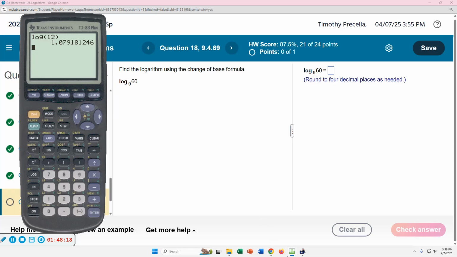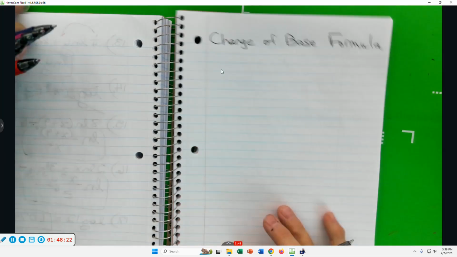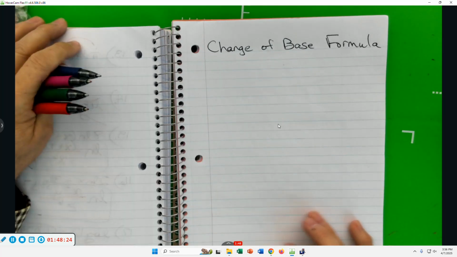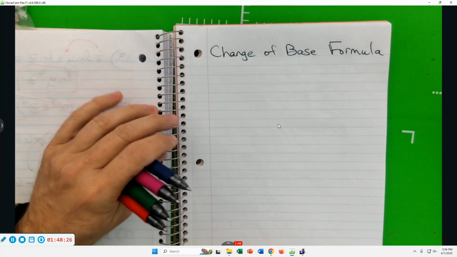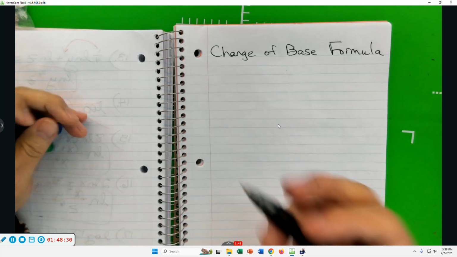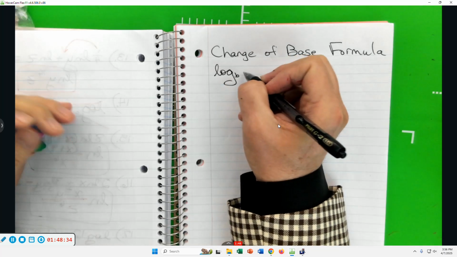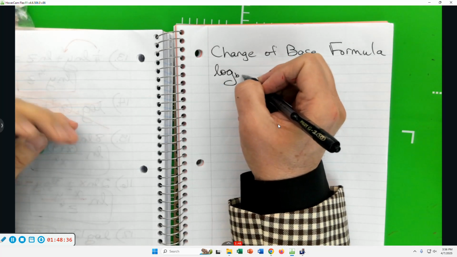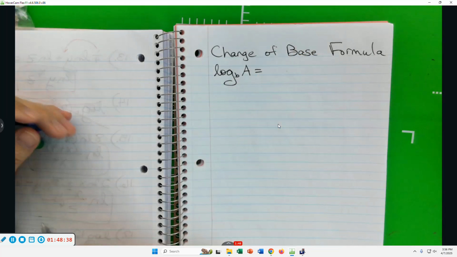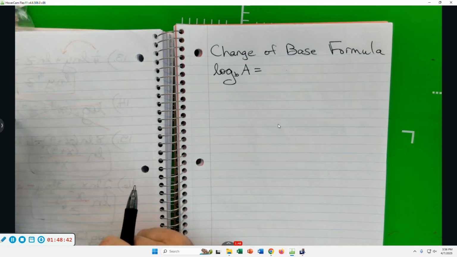Suppose you needed to evaluate a logarithm, and it was a base 9, or whatever, something other than log base 10 or log base e. You can take log base B of A, for any argument, and convert it to any base you want.